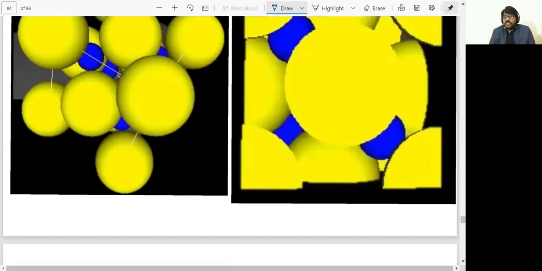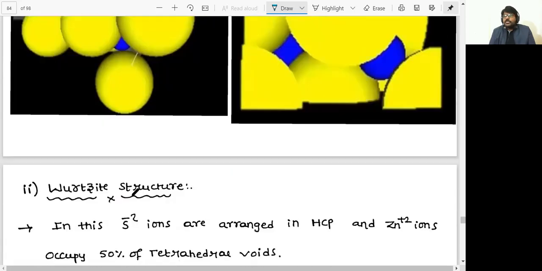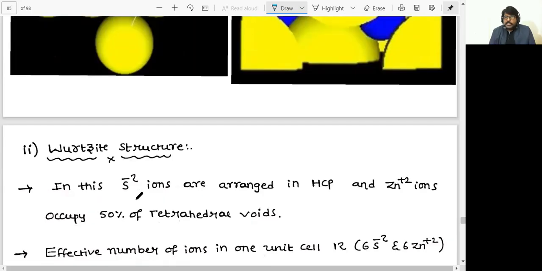ZnS has one more allotrope, that is the Wurtzite structure. What is the difference between Wurtzite and zinc blende? In zinc blende, sulfide ions form CCP, but here sulfide ions form HCP, a hexagonal primitive unit cell.